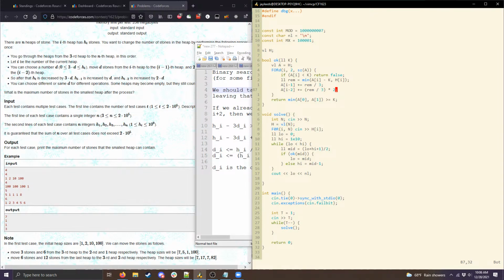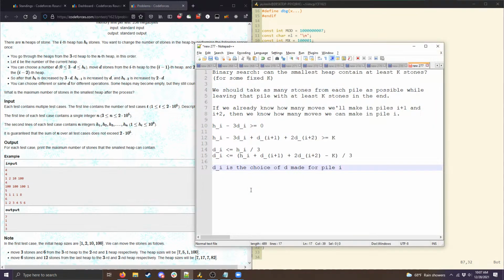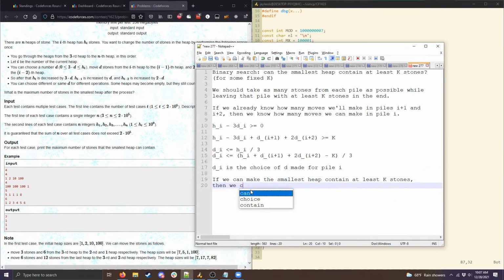Basically, if we can make the smallest heap contain at least k stones, then we can make the smallest heap contain at least k prime stones for any k prime less than or equal to k, using the same configuration.